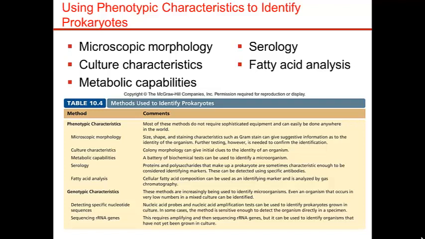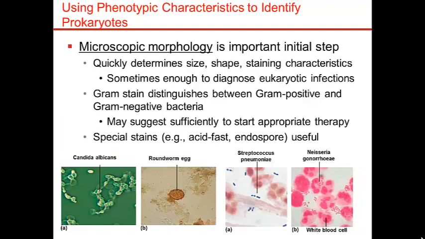Cell size, shape, and arrangement are visualized immediately with the microscope. Distinctions between eukaryotic and prokaryotic cells are obviated. Staining characteristics can reveal structural differences, which include the presence of capsules, flagella, and endospores.